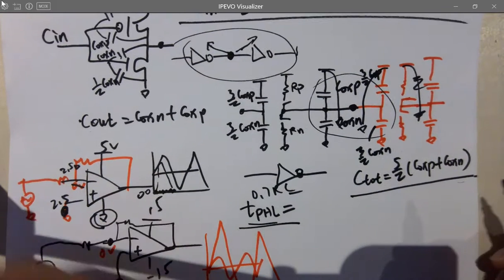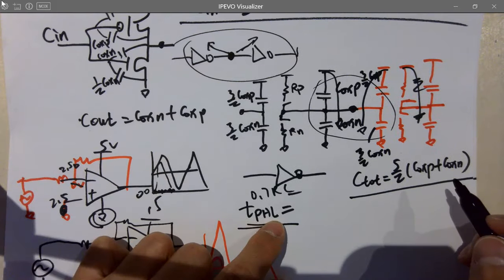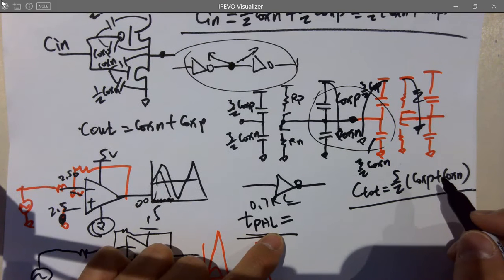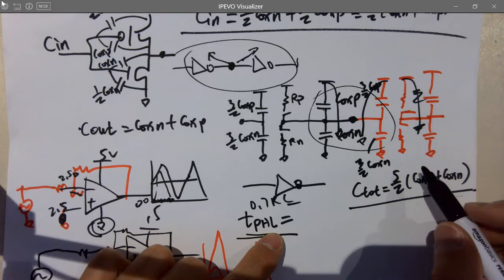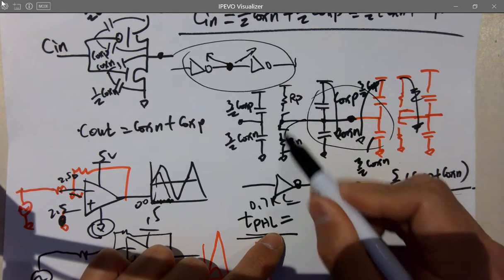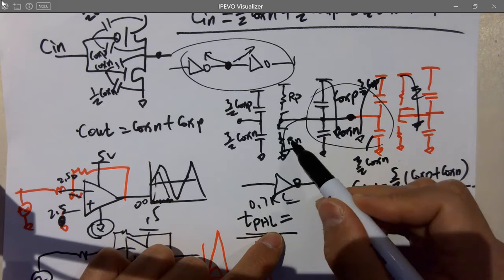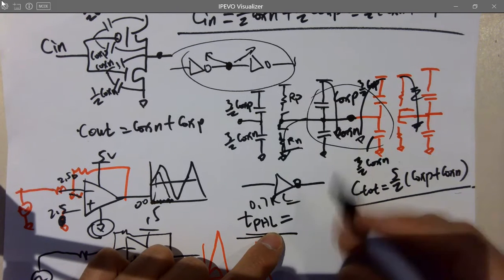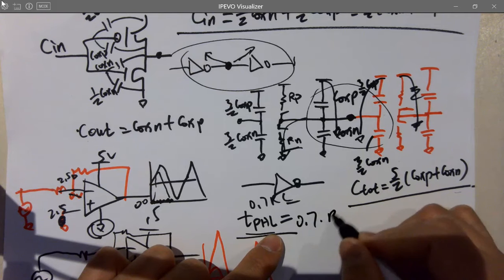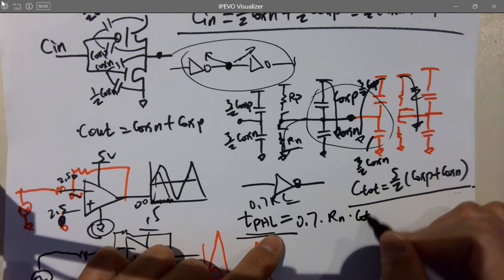Which resistor is involved? High to low. It's dragging that to the ground. Rn, right? That's how you can pull it to the ground. So Rn is involved, Rp is not. So that's why TPHL is 0.7 Rn times C total.